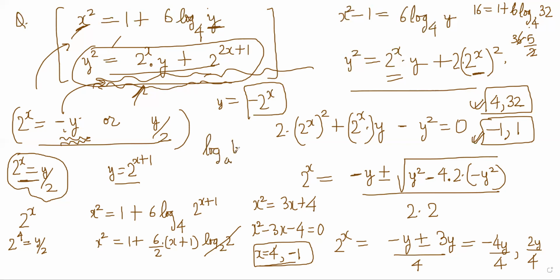We said that there are 3 rules for log to be defined. What are the 3 conditions on log to be defined? Well, the argument can't be negative, and here it is negative.